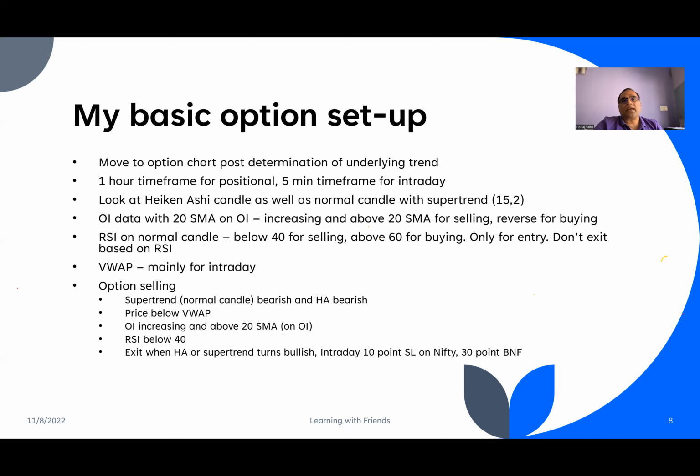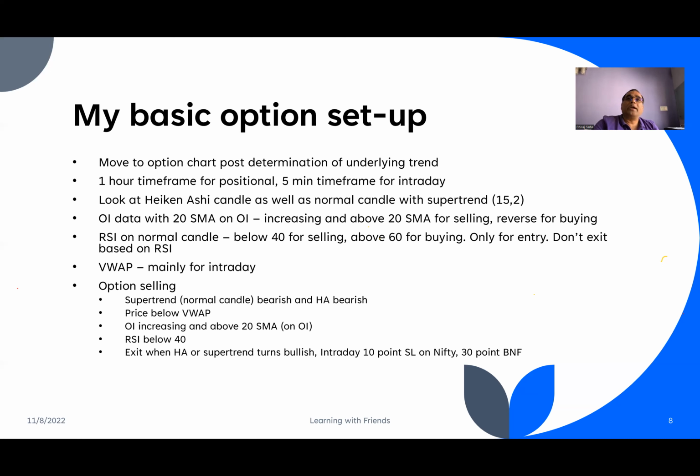But you can just apply all the things that I talked about for Heiken Ashi on the option chart and follow Heiken Ashi for your trend. That also is a good setup. But right now, I do both just for confirmation and see if they are in sync. So that is the first thing I do on the option chart: the trend on the option is matching the trend.